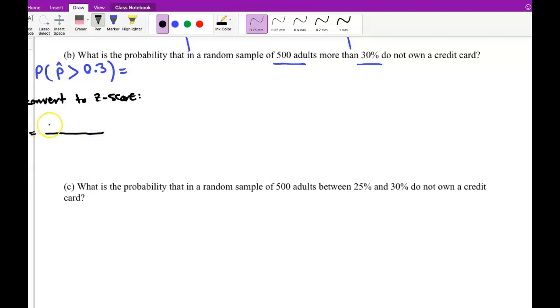So z is equal to p hat minus p, which is 0.30 minus 0.29, divided by the standard deviation.